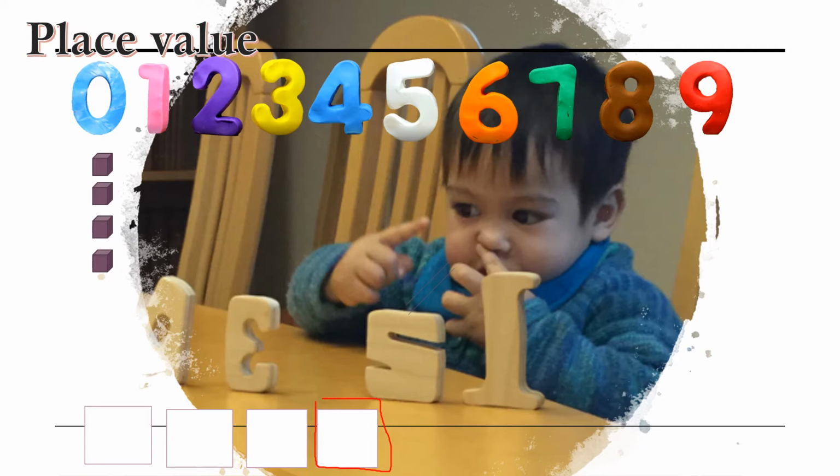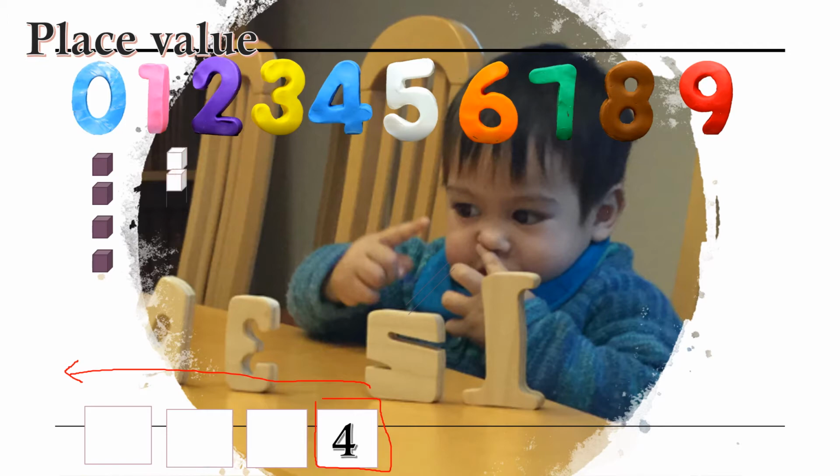Okay, when we write a number, we start from the right to the left. So how many individual did we have? We had 4. We're going to call this one the ones place. Okay, ones place tells how many individual we had.